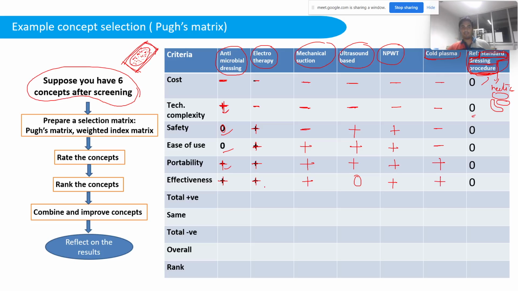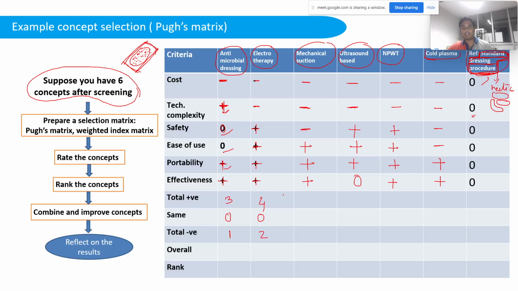So if you try to consider a total positive here, like 1, 2, 3, so 3 positive, then same is 2, and total negative is 1, right? So here you say total positive 4, and same is 0, and total negative is 2.